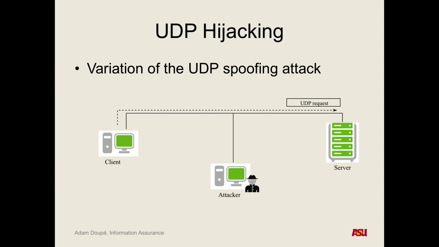Yes, so we need to reply back to the client as if we were the server, because we can specify whatever we want for source IP and destination IP. So we can say, this is a packet from the server to the client that's a DNS reply.